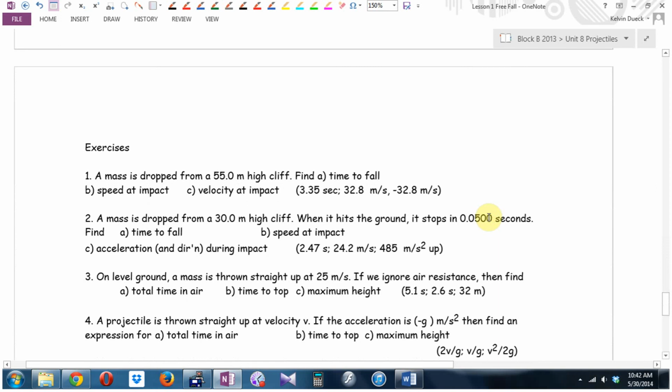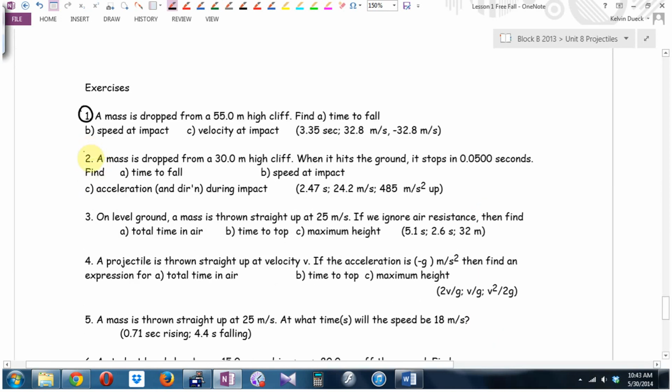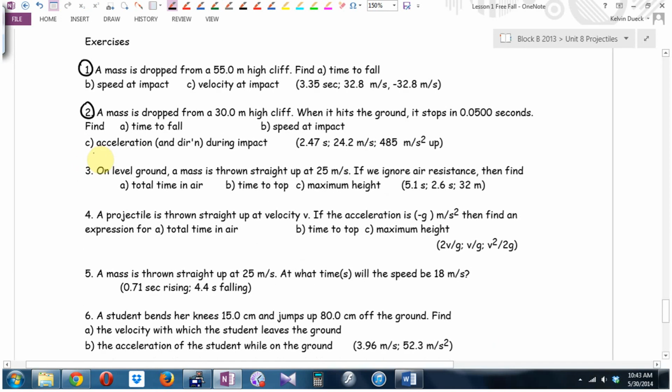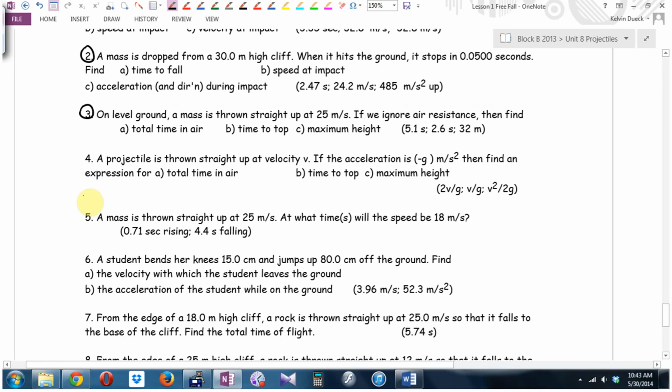What's your homework? Number 1. 2 is good. 3 is good. 4 is algebraic. I probably won't ask you algebraic this year, but those of you that are thinking about Physics 12, more and more what we'll start to say is rather than solve a specific question with numbers, we'll say, hey, let's get the algebraic equivalent. We can solve any situation like that.